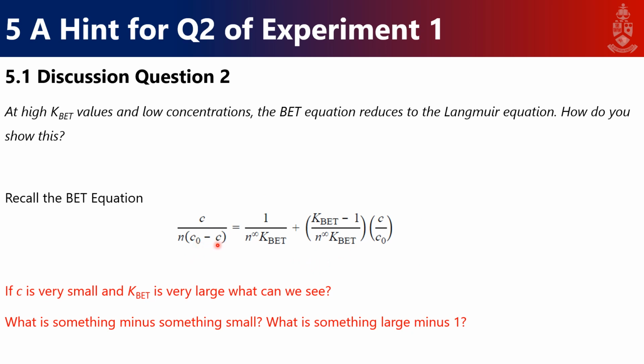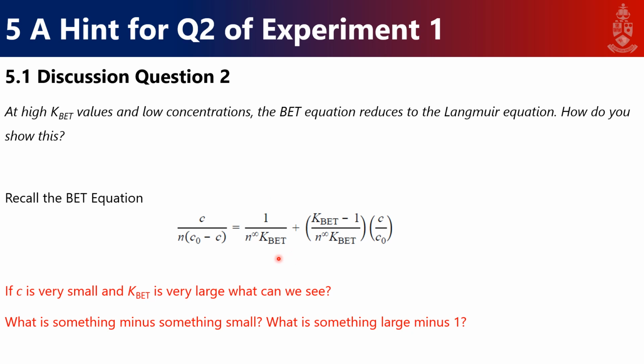There's a C, there's a C, there's a C, there's KBET, KBET. A very important point is we're only concerned with parts which are linear mathematical operations, meaning plus and minus. You can't really say anything about division or multiplication.